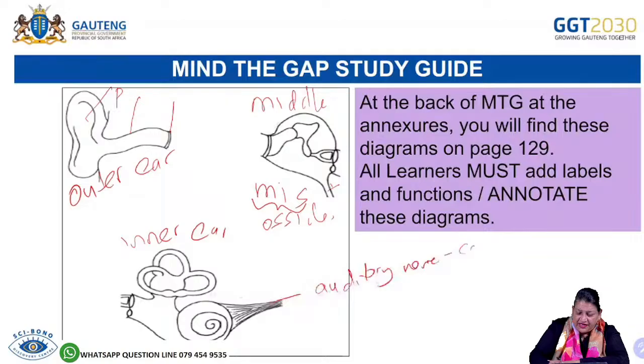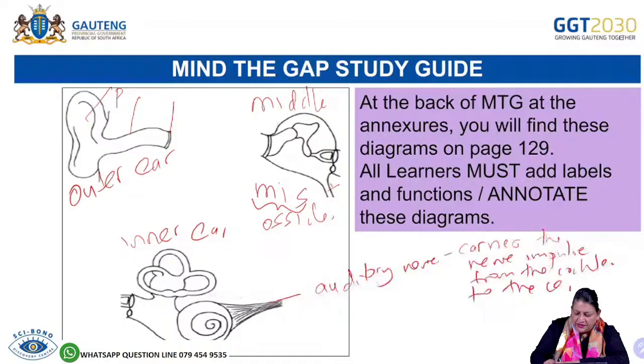Auditory nerve, it carries the nerve impulse from the cochlea to the cerebrum. Okay, so that is an annotated diagram.